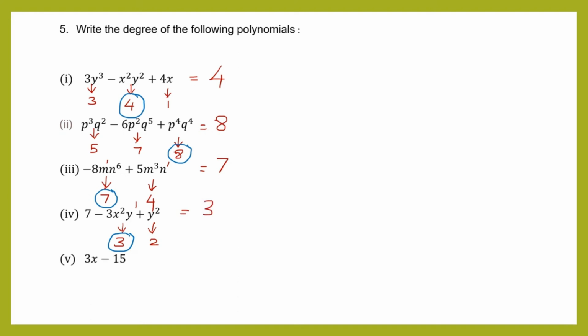Next one. Here I just have 1. Therefore, the degree of that polynomial is 1. Next one. 2 plus 1 is 3. 3 plus 1 is 4. So the highest power here is 4. So the degree of this polynomial is 4.